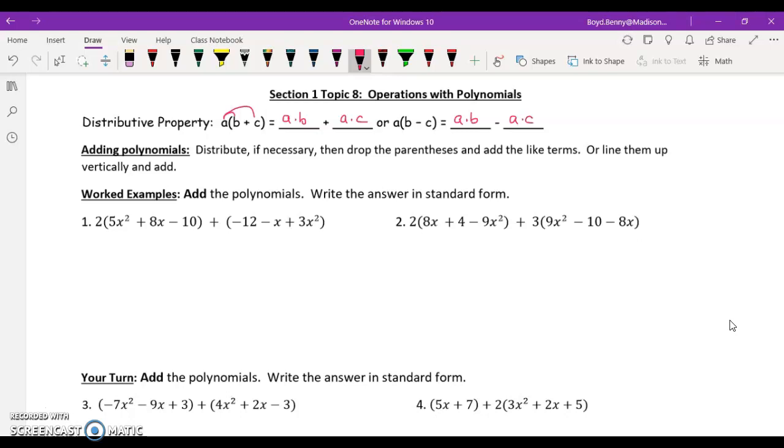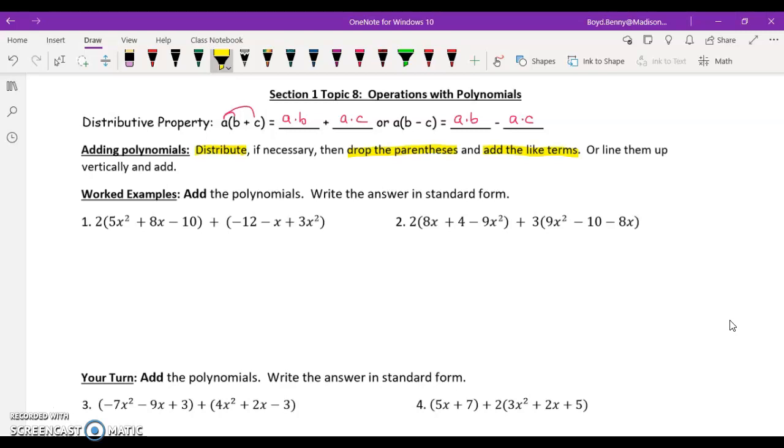Okay, so let's move along to our instructions. If we're adding polynomials, the first thing we want to do is distribute any numbers in the problem, because multiplication comes before addition. We want to follow our order of operations. Then we're going to drop the parentheses and add the like terms.